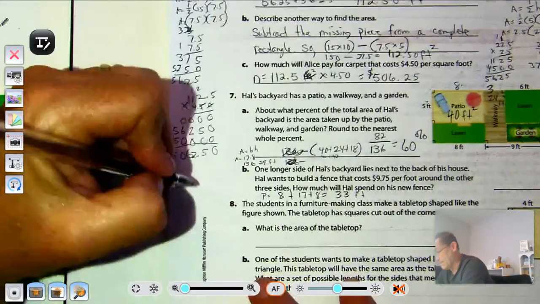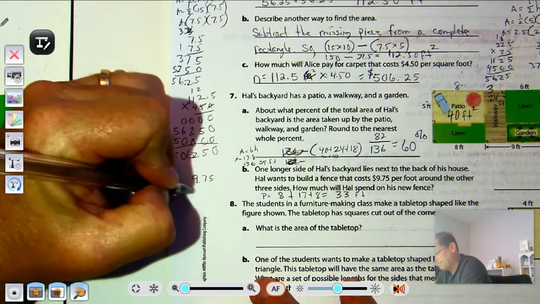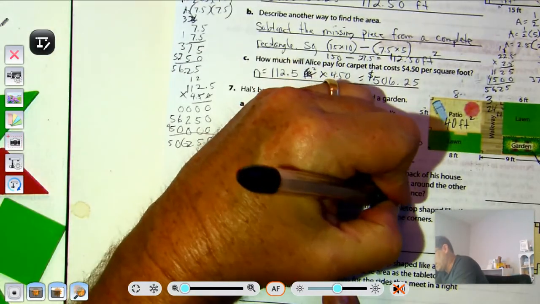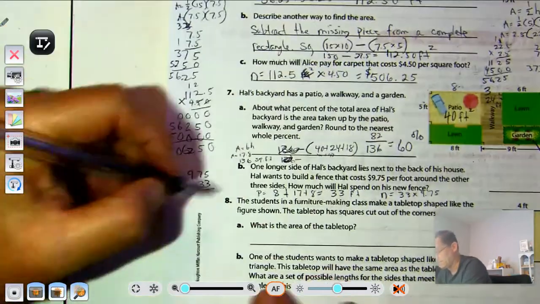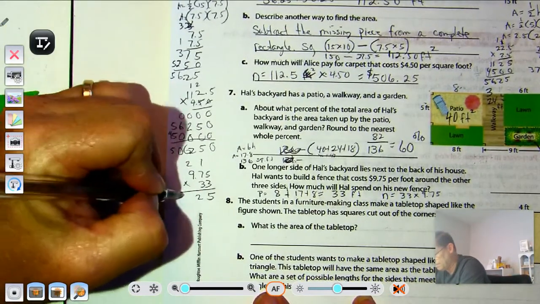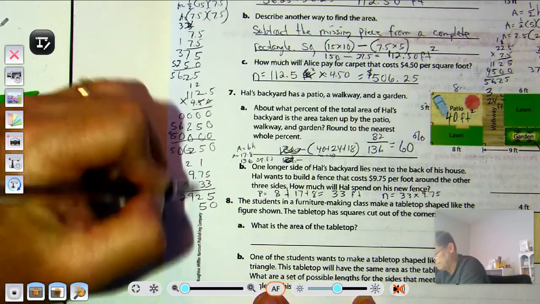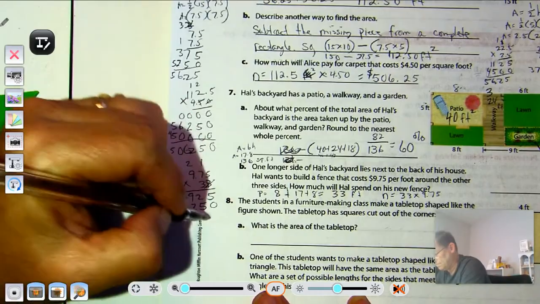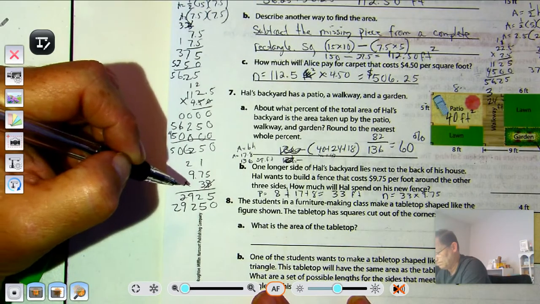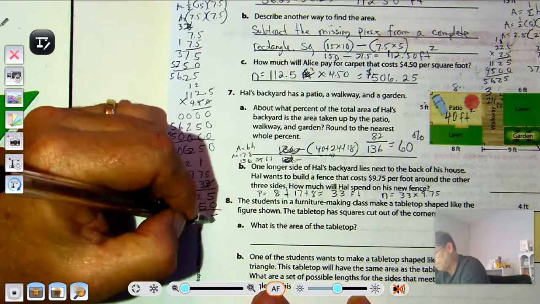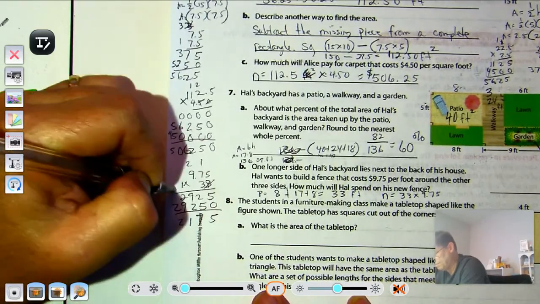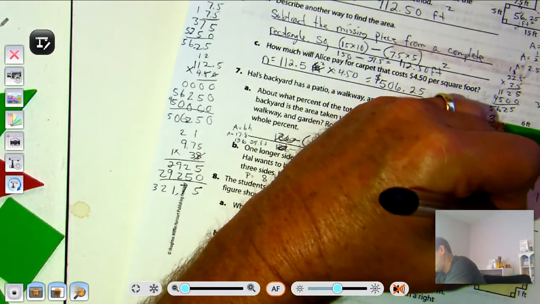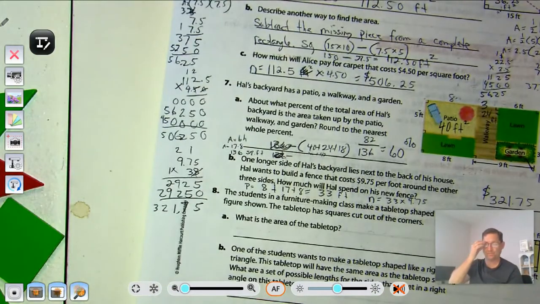Well, what's 33 times 9.75? So the cost would be 33 times 9.75, which is $321.75.